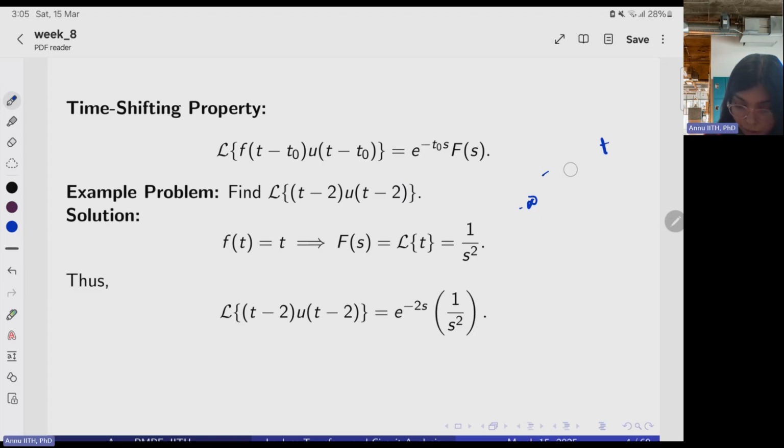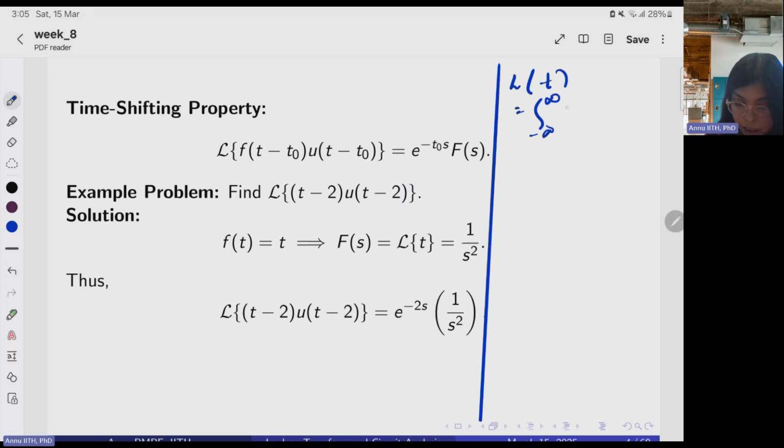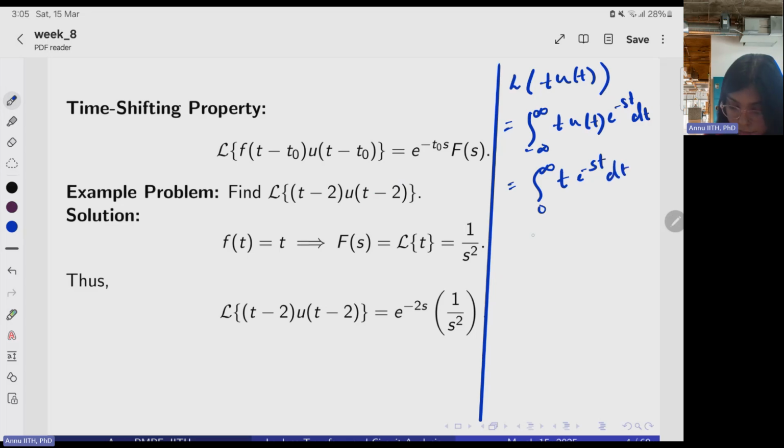So let me solve it for you. What will be the Laplace transform of t? It is minus infinity to infinity, but obviously it is not t, it is t u(t), of t u(t) e^(-st) dt. Since u(t) is there, it becomes 0 to infinity of t e^(-st) dt. The first function, second function formula will be applied here.